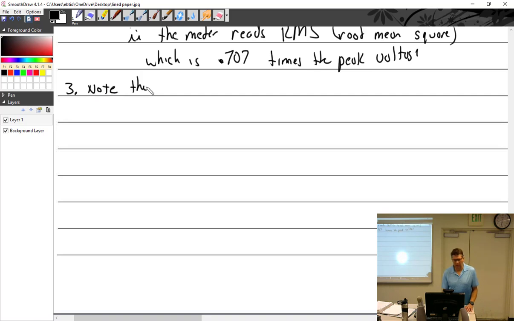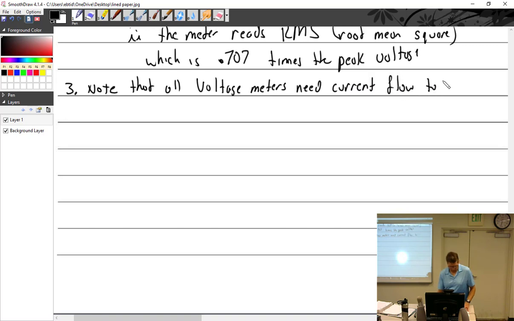Note that, and you know this, all voltage meters need current flow to register. Why do you need current flow? You need to measure the resistance of it to find voltage.